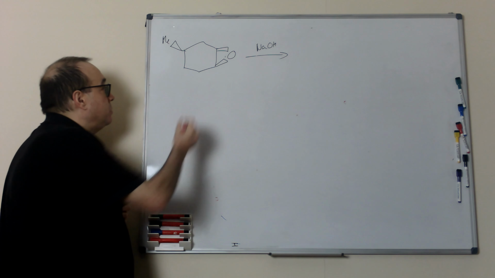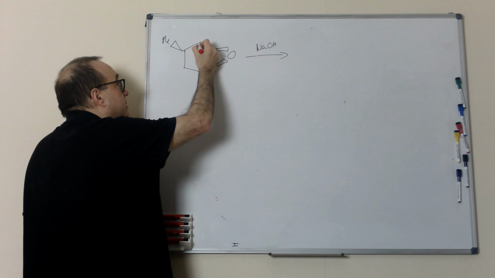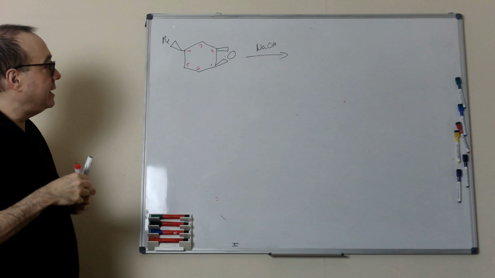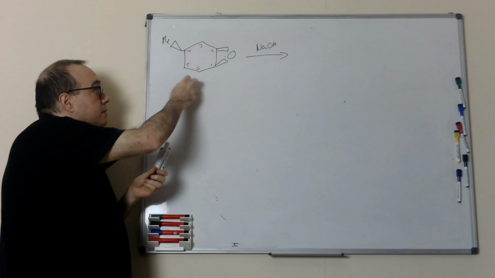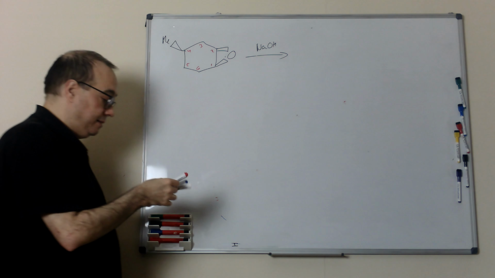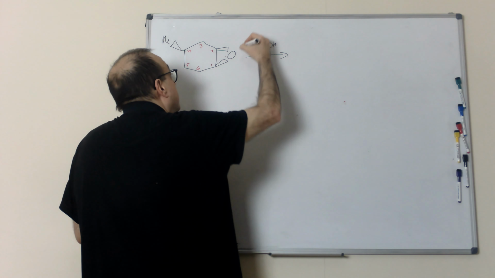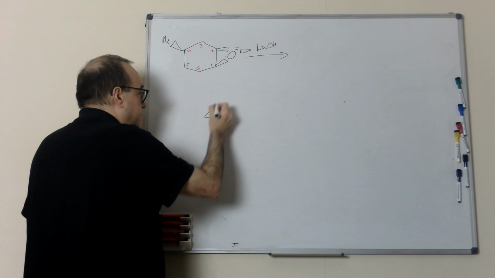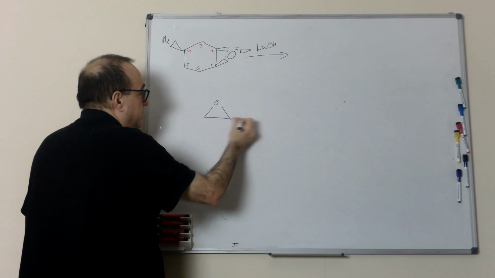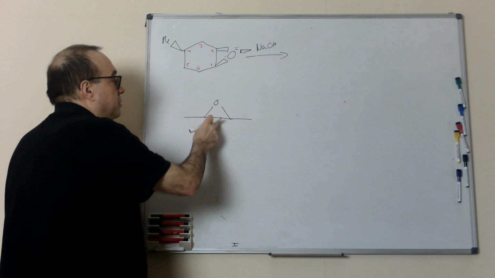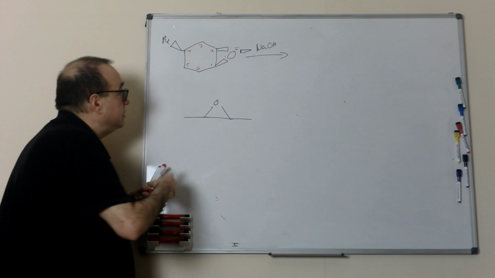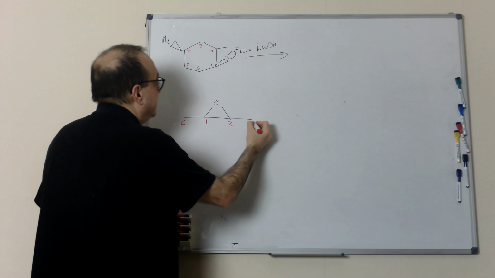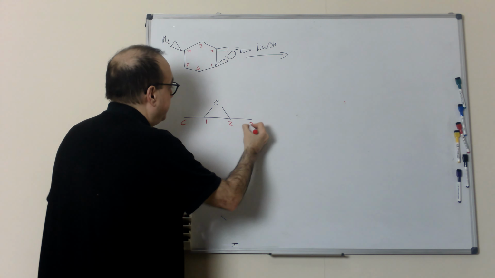Well, what we can do is, first, as usual, I recommend to numerate the structure, and then I will draw the half-chair transition state. I put my eye here, okay? Where is the epoxide? And then I do like, if this was a double bond, this has to be 1, this has to be 2, this has to be 6, this has to be 3.